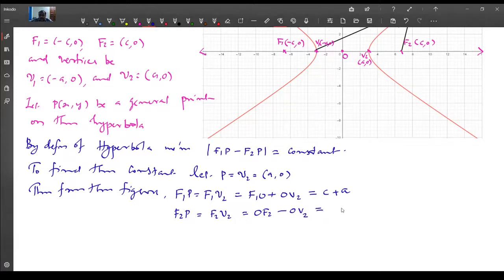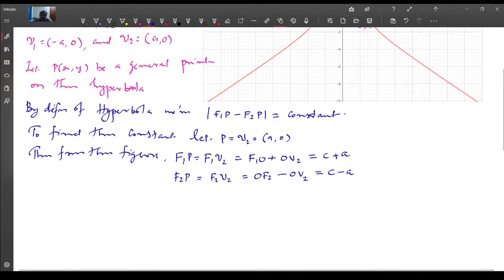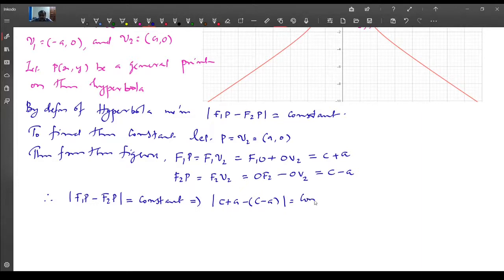So OF2 is c, and OV2 is a, so F2P is c minus a. Therefore, the absolute value of F1P minus F2P is a constant, which implies the absolute value of (c plus a) minus (c minus a) is a constant.